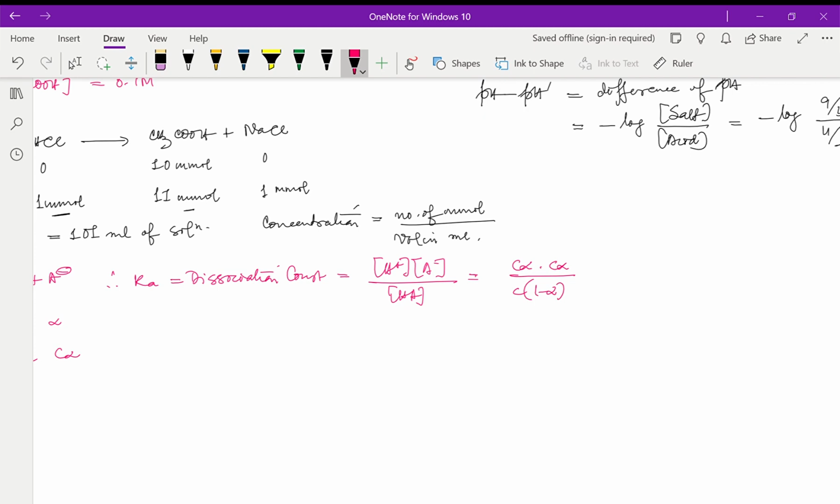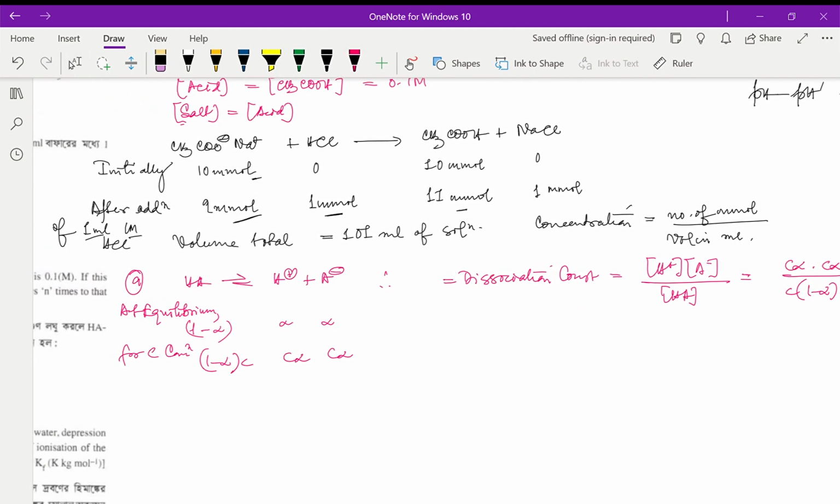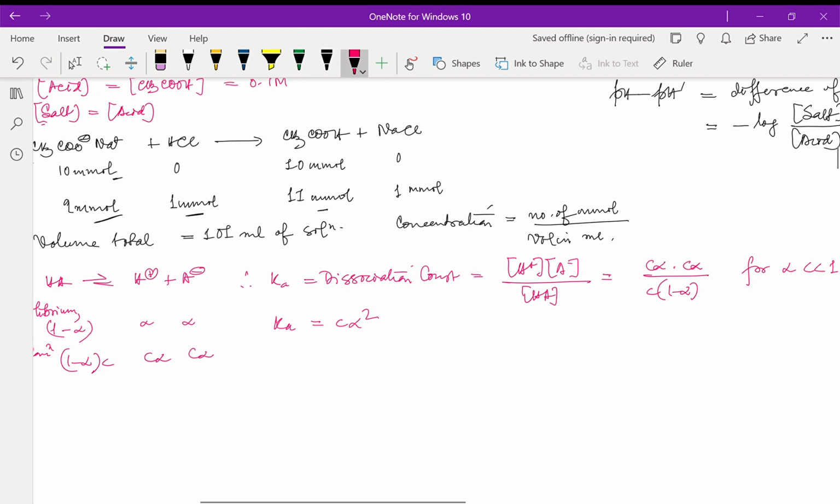For alpha very much less than 1, we will apply Oswald's dilution law, and we can say that Ka is nothing but C alpha square, or that alpha is nothing but root Ka by C.